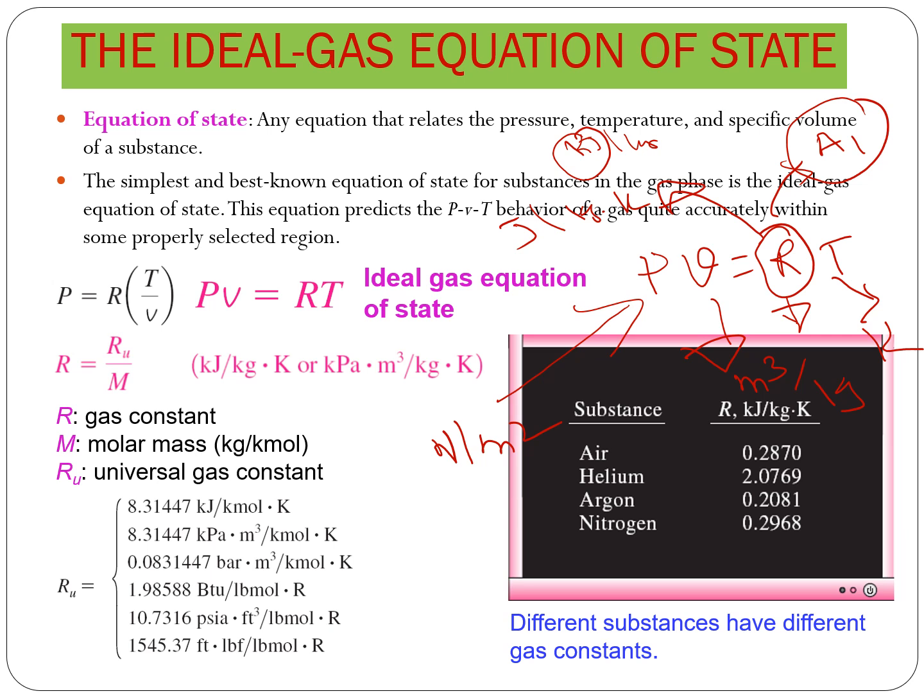Okay, and this gas constant is related to the universal gas constant by this. This is the universal gas constant whose value is constant. These are given in different units, and M is the molecular weight of a substance.